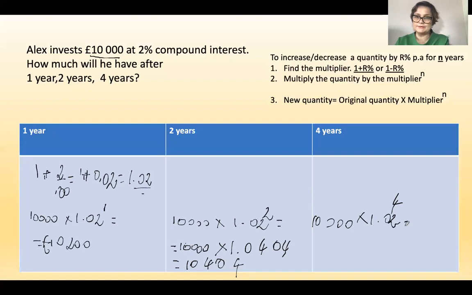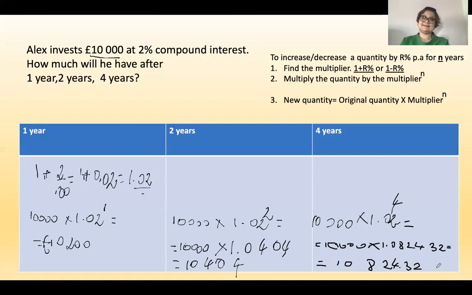It's a long number: 1.02 to the power of 4 is 1.082432. Again, you can use the calculator to find it. So times 10,000, the answer to this one is £10,824 and 32 pence. Just like that.